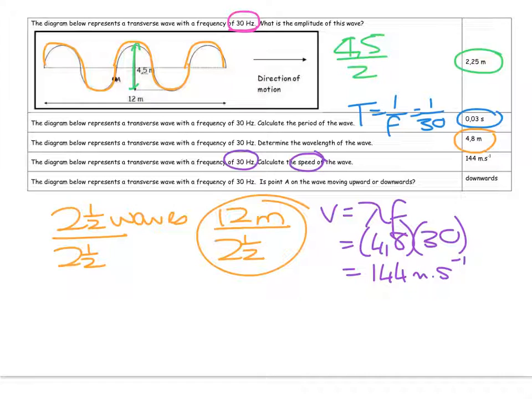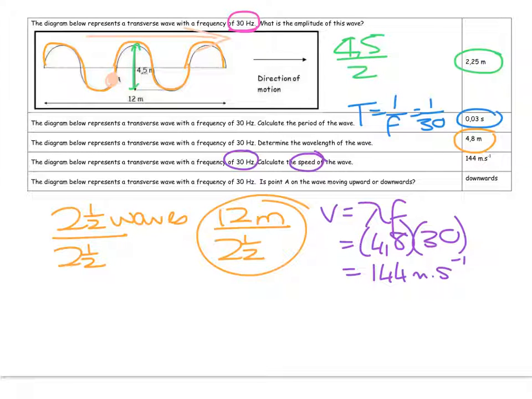Now is an important question. At point A on the wave, is the wave moving upwards or downwards? So here's point A over there. So let's take a look at that very, very carefully. As this wave is moving in that direction, what is going to happen is this whole wave will have moved across.